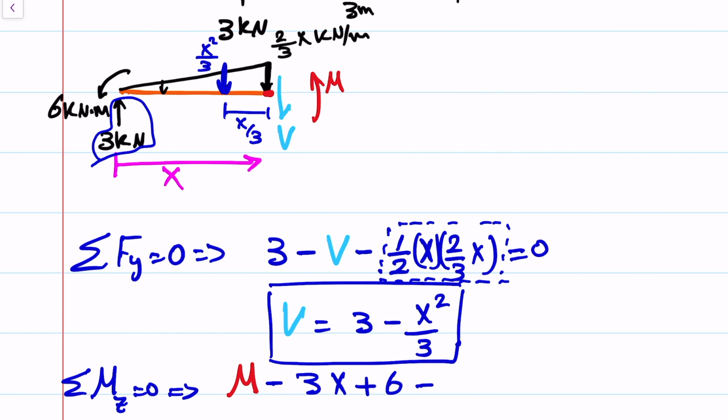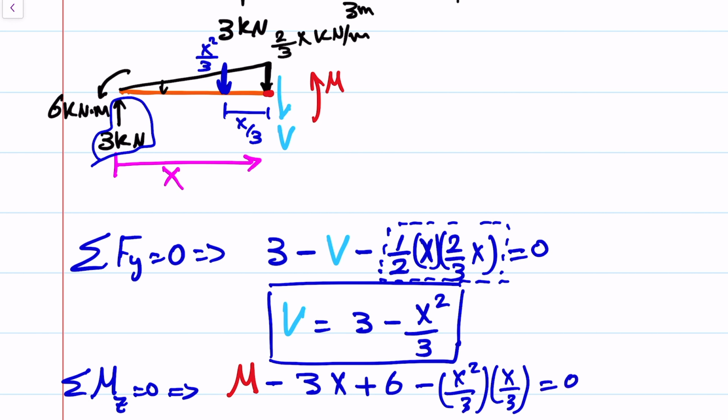Okay, so that means it is negative x squared over 3 times x over 3, and this is equal to 0.